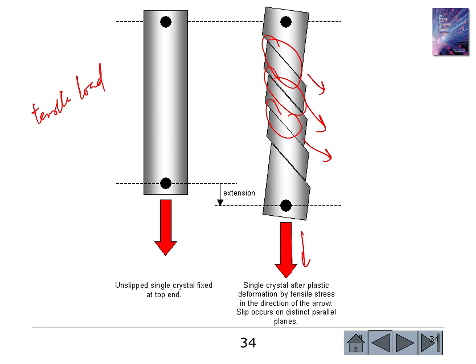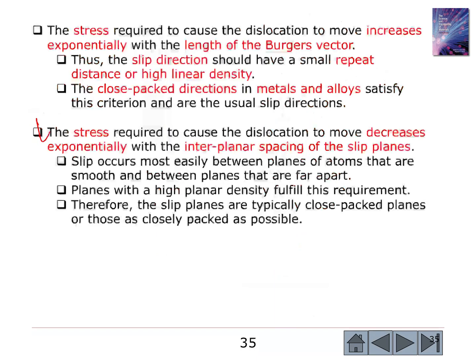Why? Because the slip systems that got activated lie along these planes, right? So that's why you see elongation. If you put the same rod under the microscope after putting tensile load on it, you would see this kind of stretching behavior.